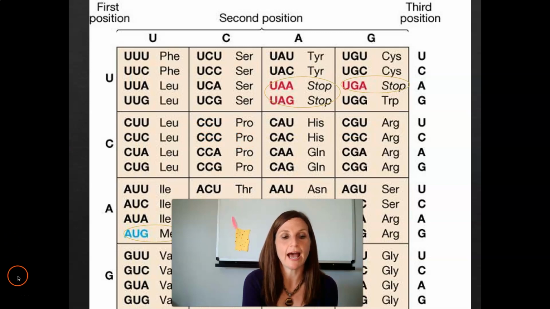Okay, so you should have an mRNA list in front of you. It should be from our previous slide, UAU, GCG, UCA. I want you to find that piece of mRNA and rewrite it somewhere down lower on your paper so that we can practice translating.